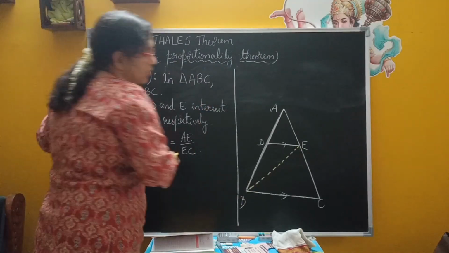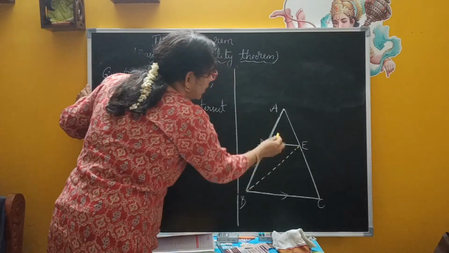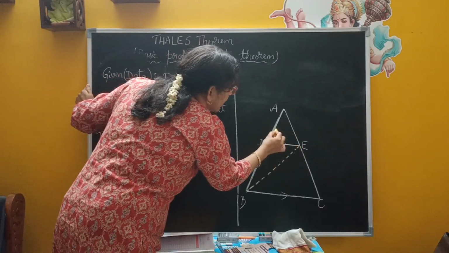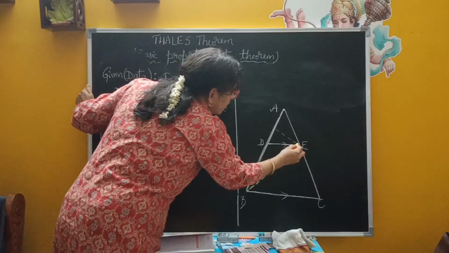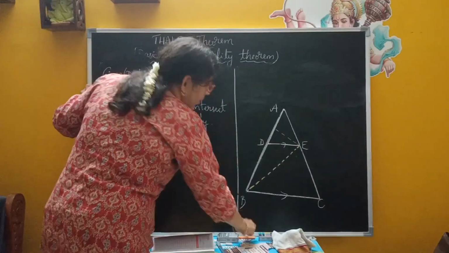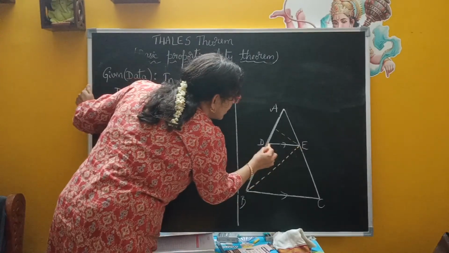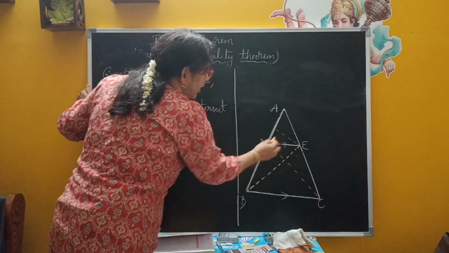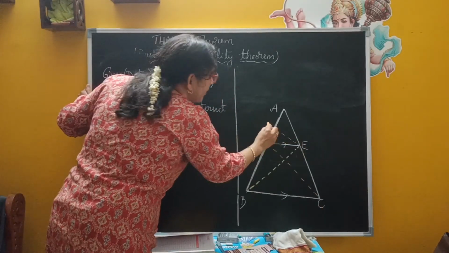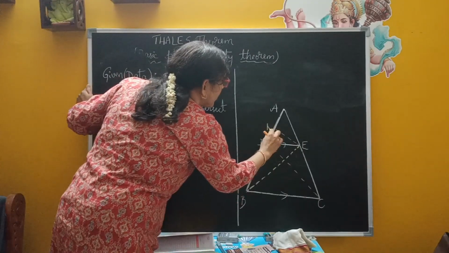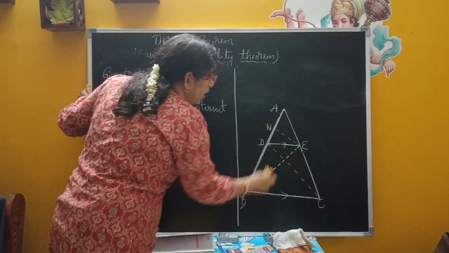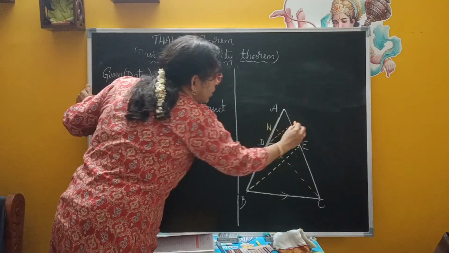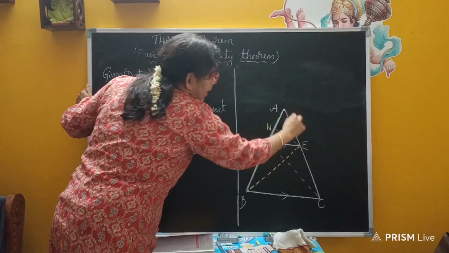I will join BE and DC, and draw EN perpendicular to AB, and DM, one more perpendicular, perpendicular to AC.